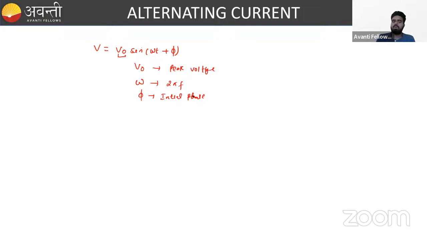So if we want to write any equation in alternating current, all the equations come in this manner, which is a function of sine and cos, and the peak voltage is also known as the maximum voltage.